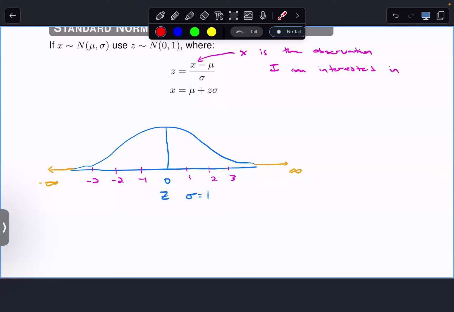But it's very unlikely because of how we attach probabilities to the number of standard deviations I am from the mean. Z is the number of standard deviations from the mean.